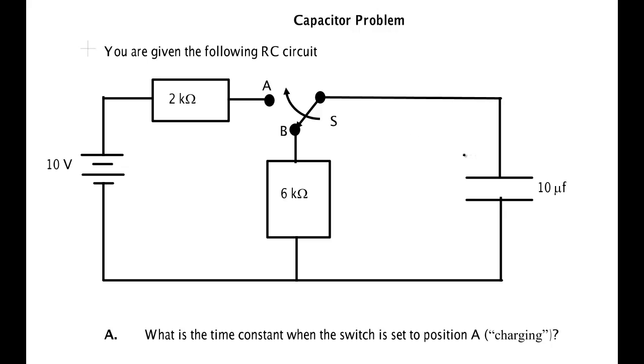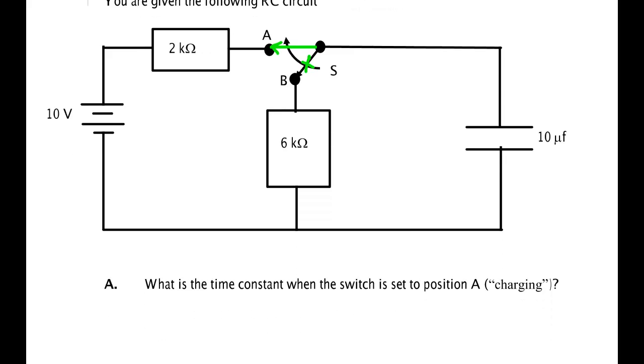The first question is, when you connect the switch to this place and eliminate that, what is the RC time constant? Well, we need to find the resistance and the capacitance of the circuit. Tau is equal to RC. The resistance that the battery sees pumping the charge to the capacitor is this 2K ohm resistor right here.